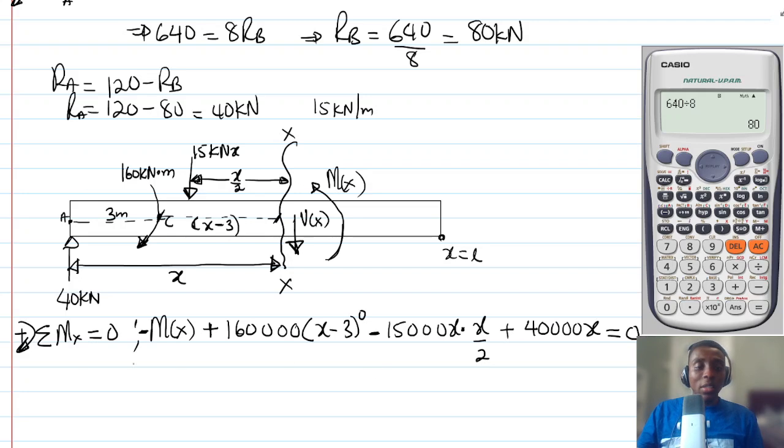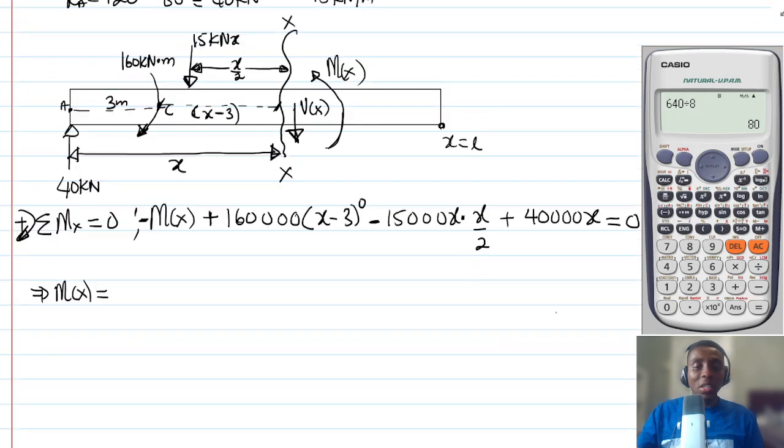Okay, right. So at this point, we will just say that M of x, which is our moment function, or what we call the singularity function, is nothing but what? So you can rearrange this, because M of x is coming here to become positive. Everything else will remain. So I can just say 40,000 x, right?